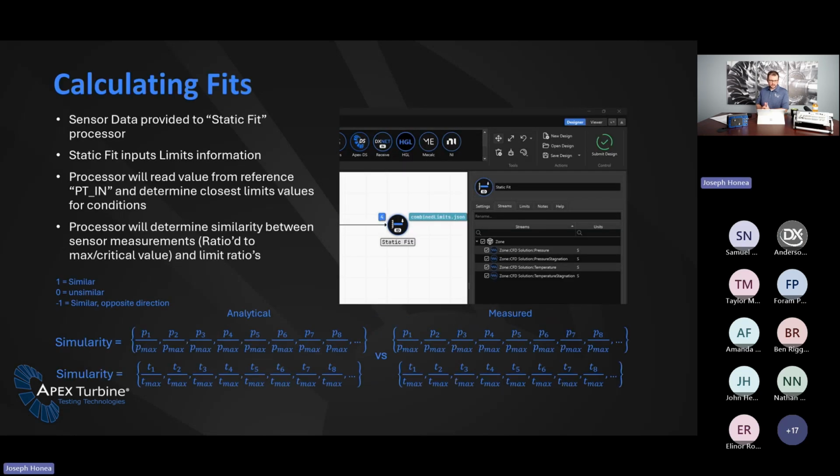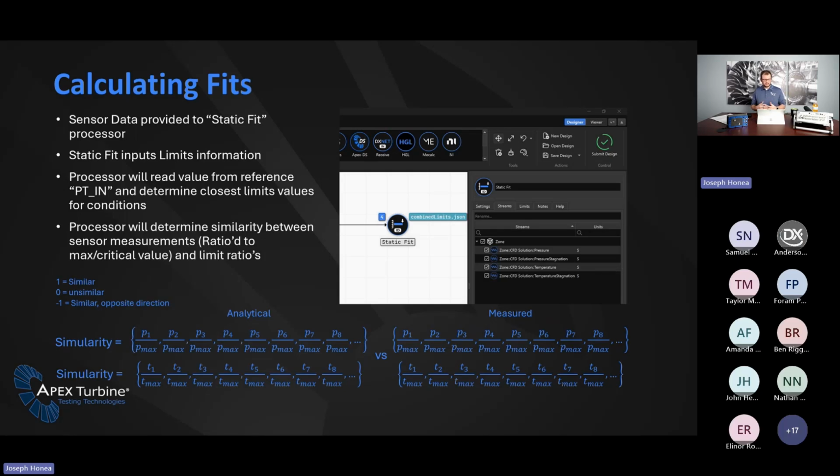So in calculating the fits, the sensor data provided to the static fit processor, how this ultimately works is that we take the vector of the analytical results normalized to the maximum pressure, as well as the measured pressures normalized to maximum pressure, and then we look at the similarity of those vectors.